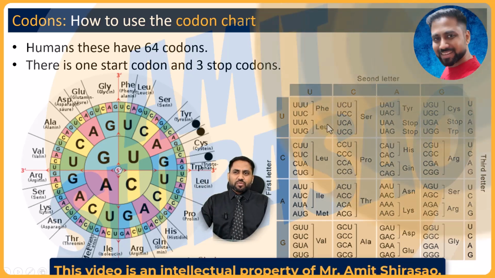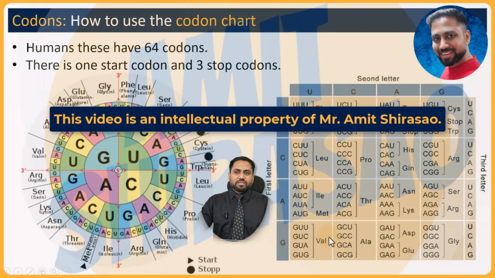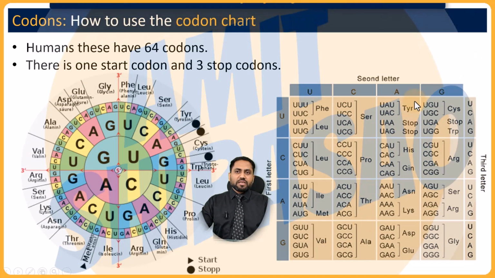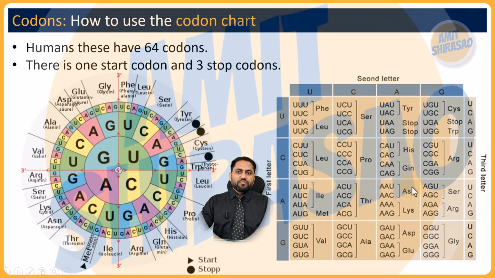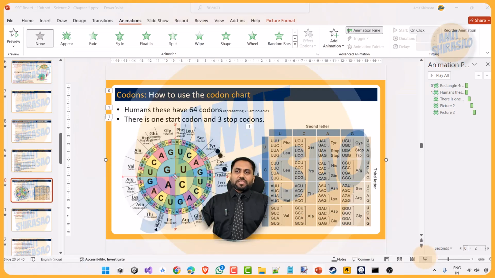Let me still check once. 1 2 3 4 5 6 7 8 9 10 11 12 13 14 15 16 17 18 19 20, 21 22 23. Okay, there are 23 amino acids in the human body which we use for protein synthesis. So 23 amino acids, and there are 64 codons. So that's how it is.